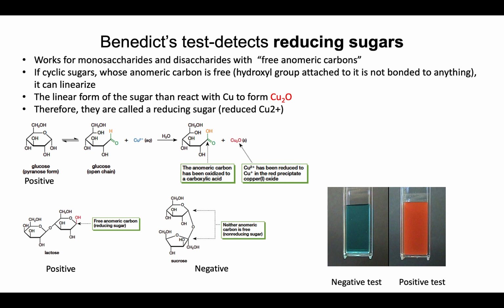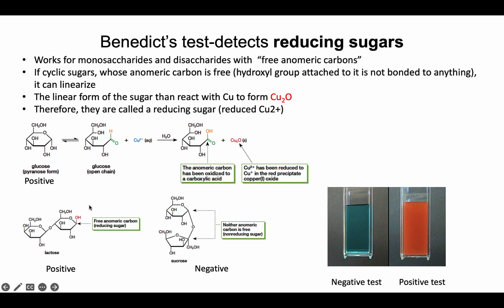Because of that, it is able to linearize, and then the linear form of the sugar is able to react with copper 2+ and reduce copper 2+ to copper 1+, and ultimately forms copper oxide, which is a red precipitate. So in this case, D-glucose will test positive on a Benedict's test, and it will turn red because it has a free anomeric carbon. Therefore, it is a reducing sugar, meaning it can reduce copper.